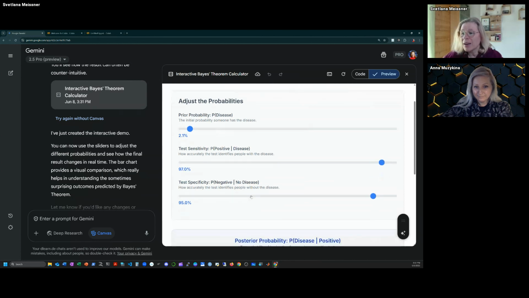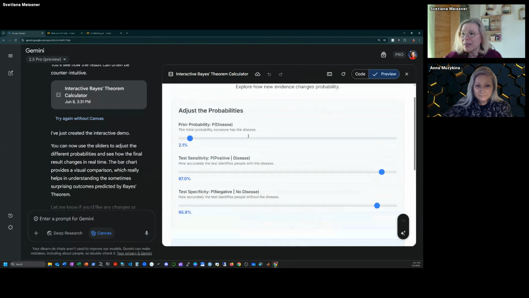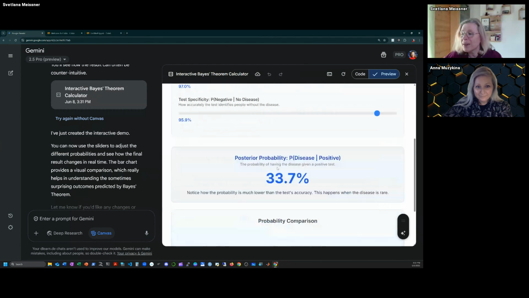And then we can choose again the probability in case we have no disease, and then the probability for negative. Then I just made some changes, and automatically we see the posterior probability that the person has the disease in case this person gets the positive test.